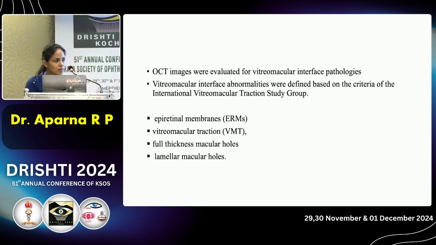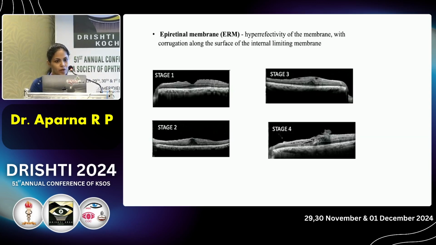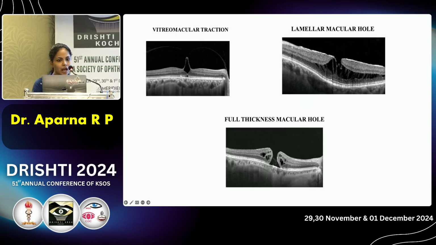And the OCT imaging was screened for vitreoretinal interface pathologies, which were defined based on the criteria of the International Vitreomacular Traction Study Group. Epiretinal membrane is defined as a hyperreflective membrane with corrugations along the surface of the internal limiting membrane, and vitreomacular traction as a detached posterior hyaloid with attachment at at least one point with altered foveal contour and inner retinal layers.